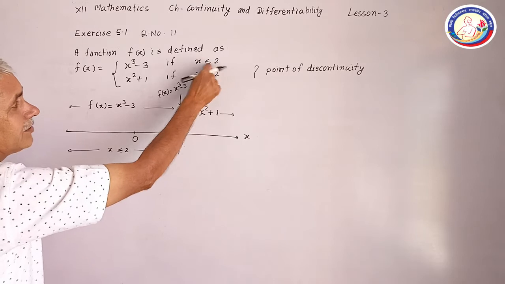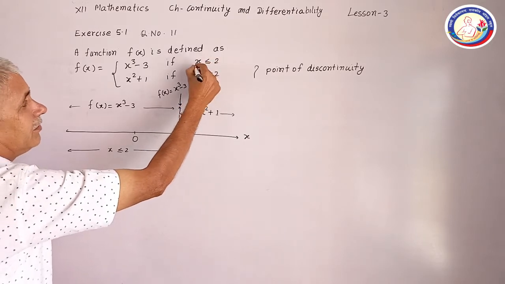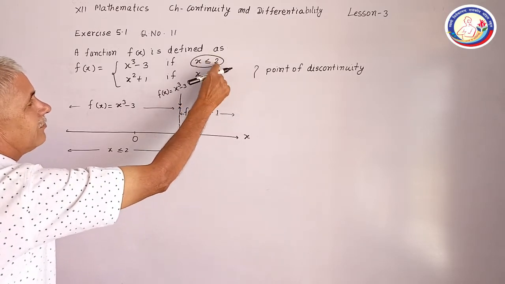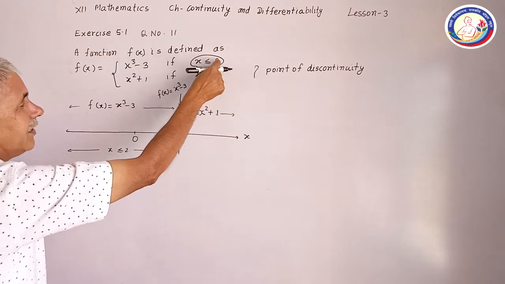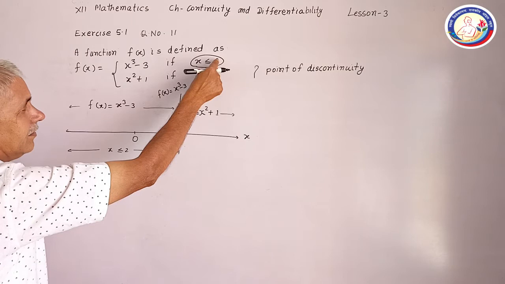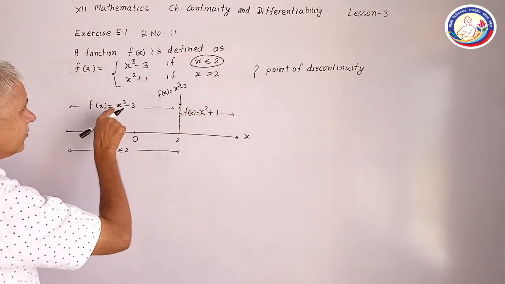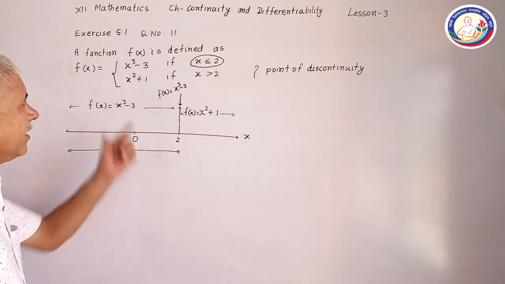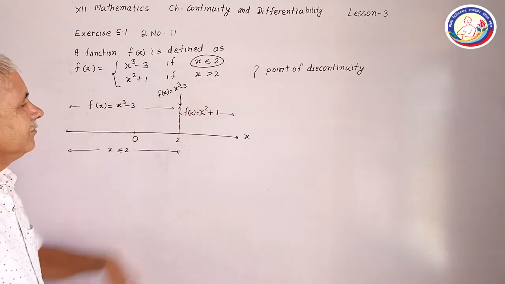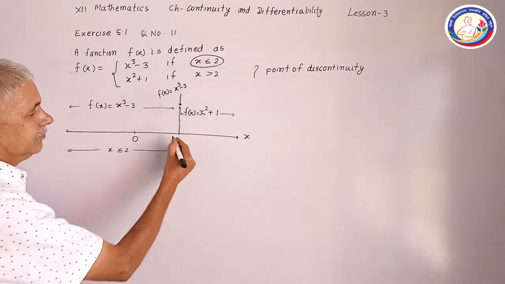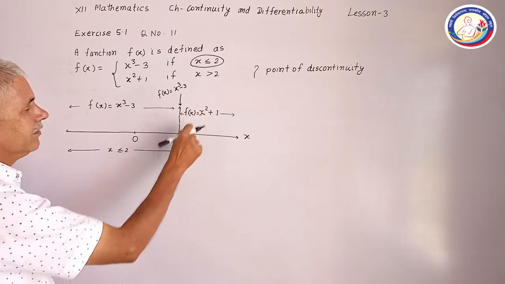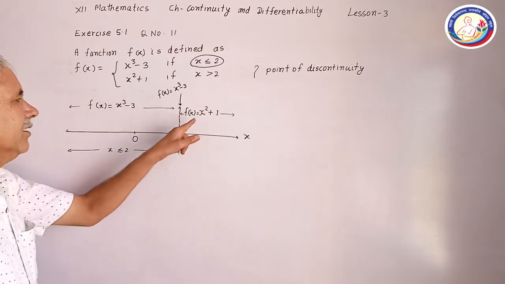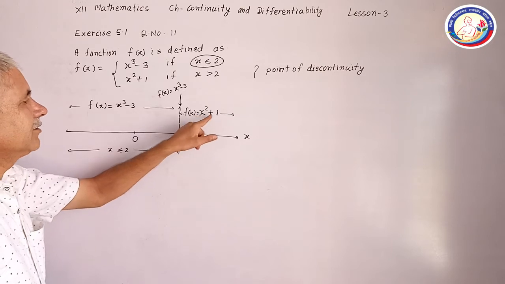Also at x equal to 2, it is x cube minus 3. And for values less than 2, it is also x cube minus 3. What happens when the value goes beyond 2, greater than 2? Then this function is given by x square plus 1.